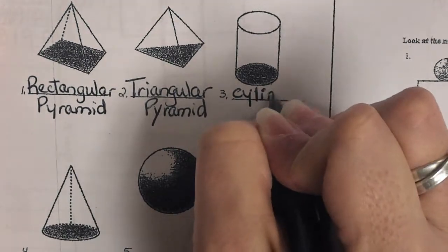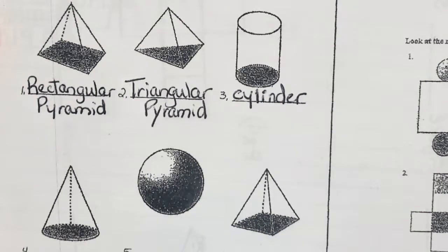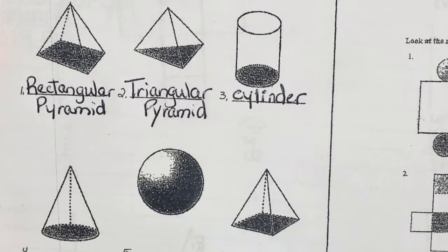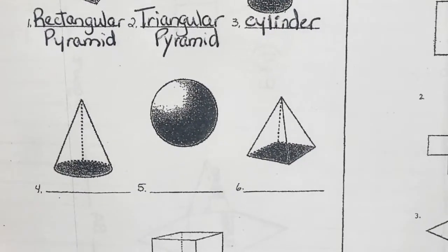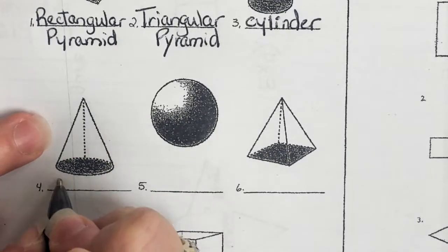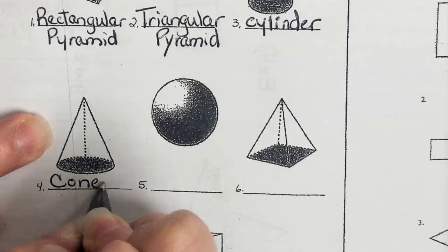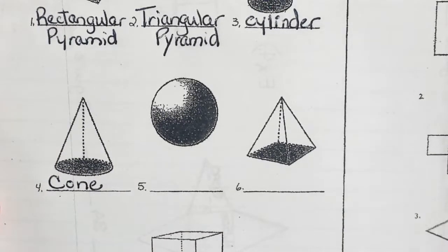We don't do surface area with this yet because honestly the circle makes it a 7th grade standard. You learn all about circles in 7th grade. Okay, going down to the next one. Number 4, cone. And number 5, sphere.